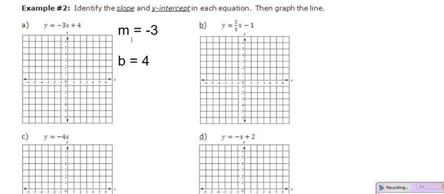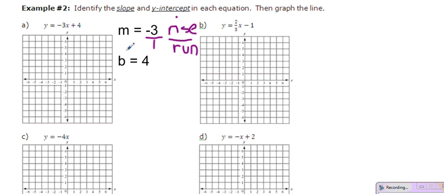Now, when we do slope, we look at rise over run. So every time you have a whole number, you put that whole number over 1, so you have a fraction. Because remember, it's rise over run. So the rise is what you go up and down. The run is what you go side to side.